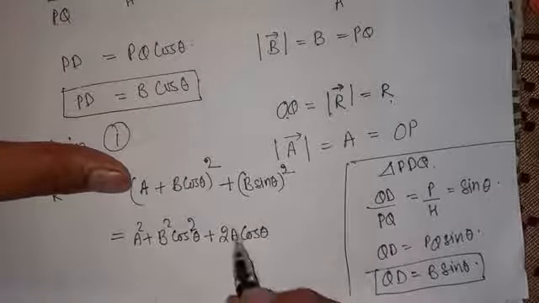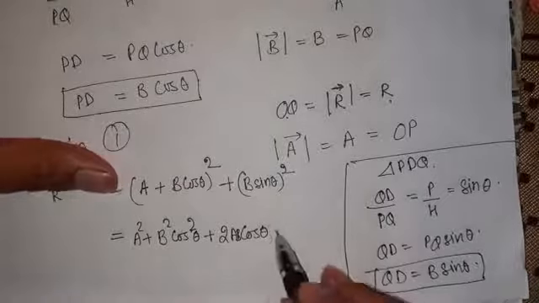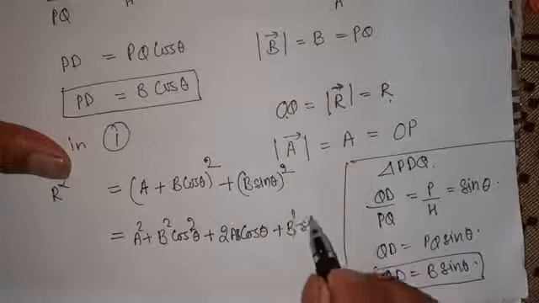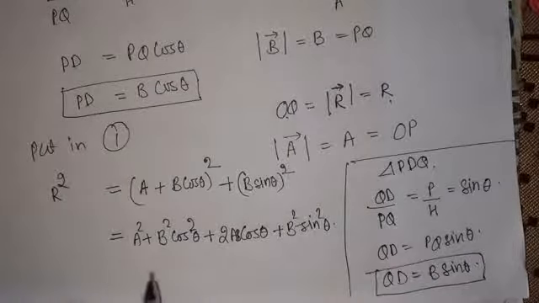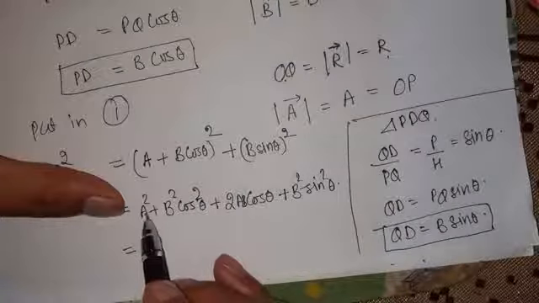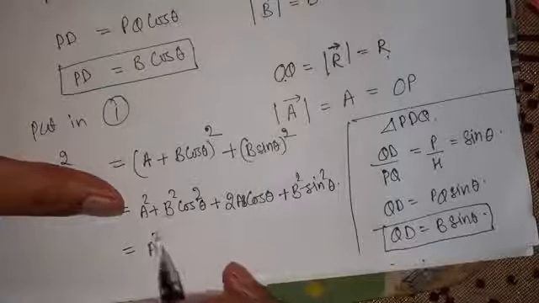Okay, so we are getting over there, it is double of AB plus B square sin square theta. Okay, this will come. Now the next thing over there, this A square, and there we are having plus.